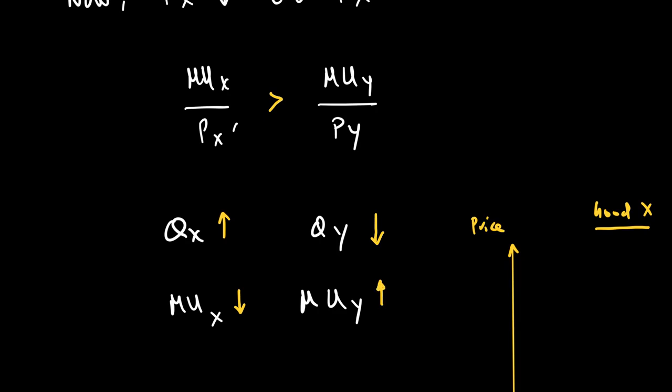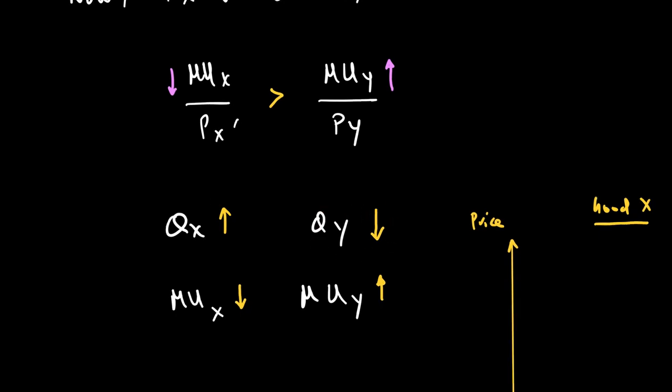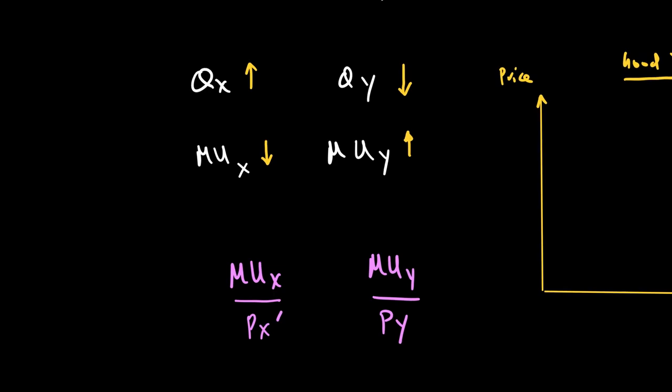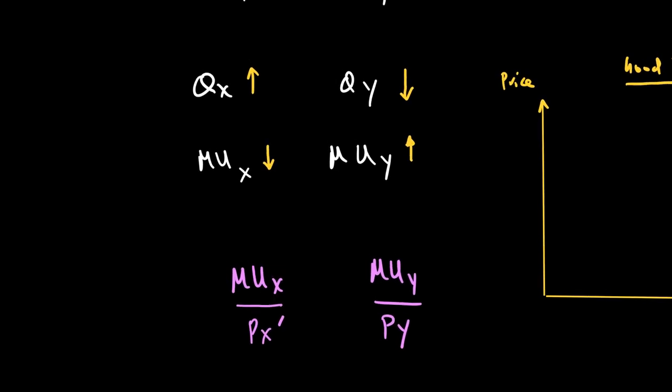That means the left hand side will start to fall and the right hand side will start to rise as I keep on buying more of X and less of Y. So this substitution should keep on continuing till MUX over price of X dash, which is the new price, equals MUY over price of Y.